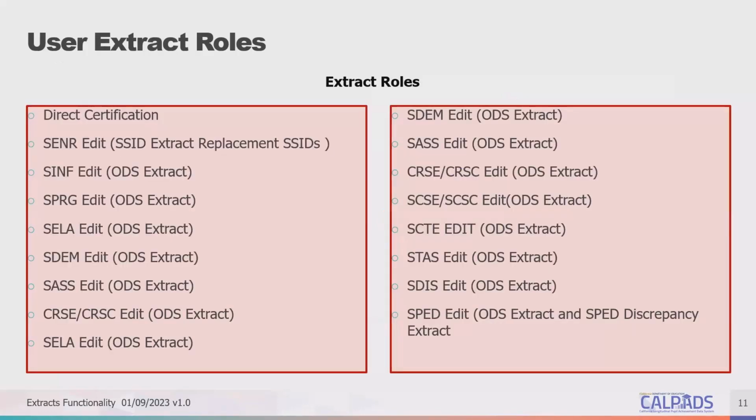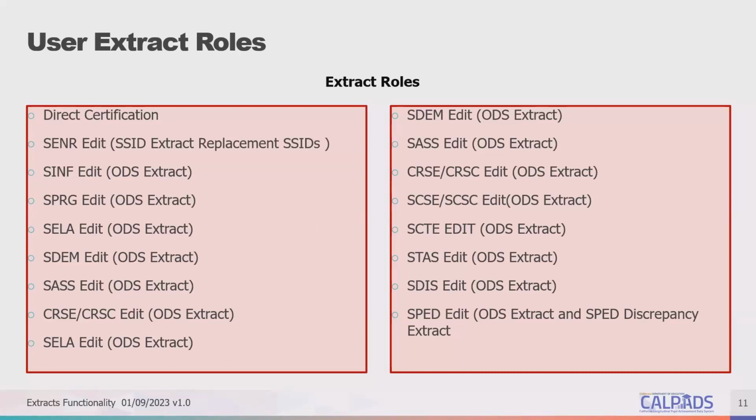So here we have a visual of the different user roles required for extracts. In general, the edit role for a record type, such as SENR edit, will provide you access to enrollment-related extracts, whether they are the SENR ODS extract or the SSID, replacement SSID extracts.